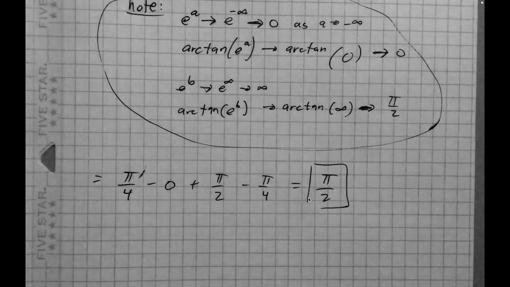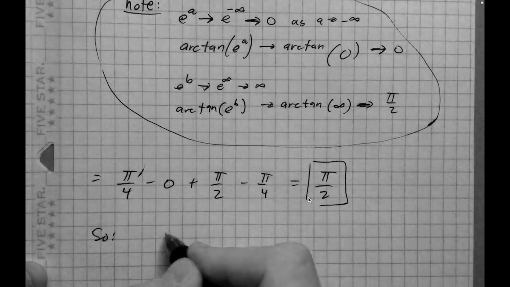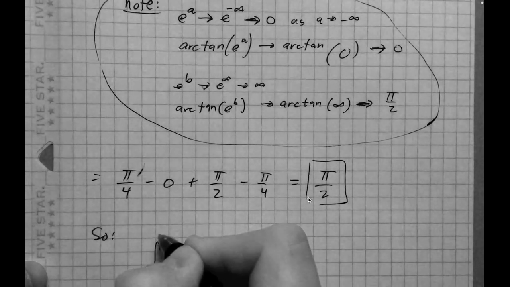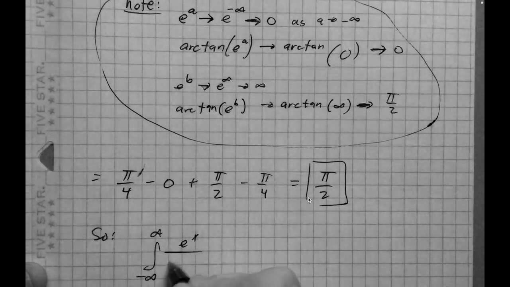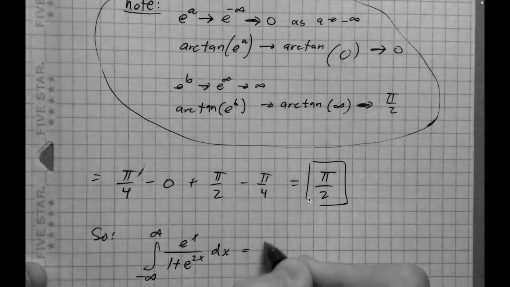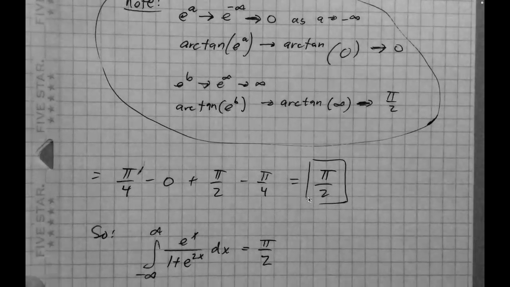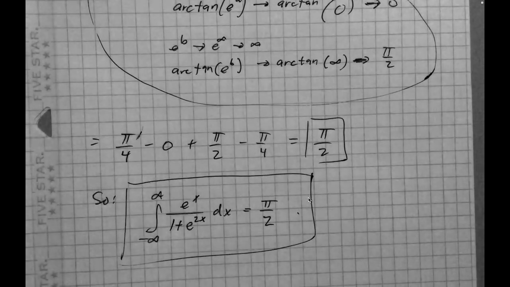So let's recap that. This integral from negative infinity to positive infinity of e to the x over 1 plus e to the 2x is pi over 2. Nice. Very nice. So that's what we've established.